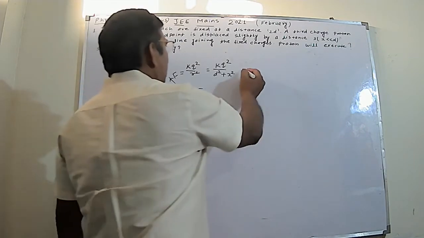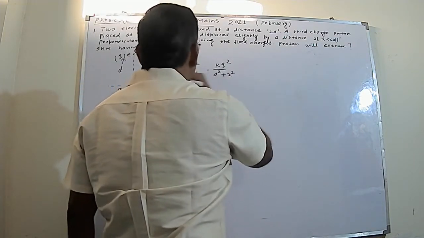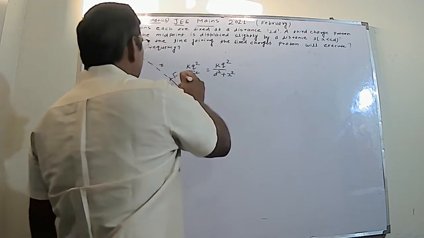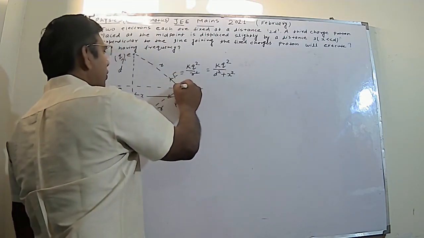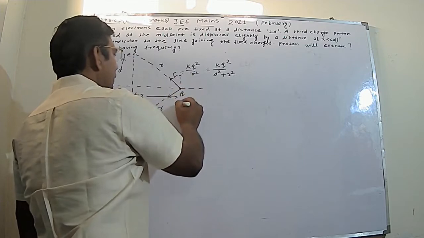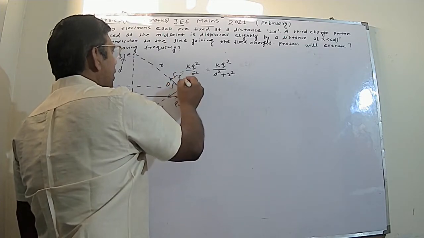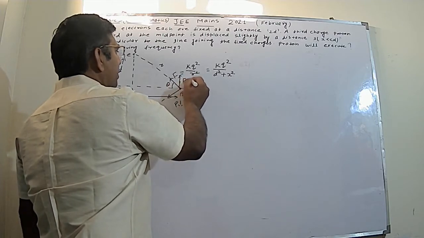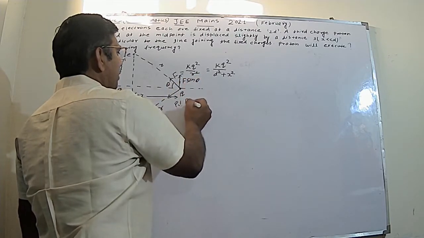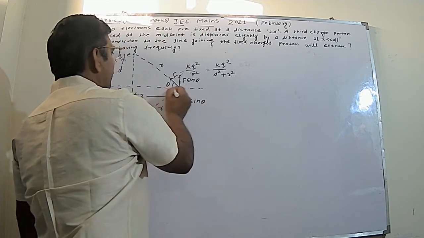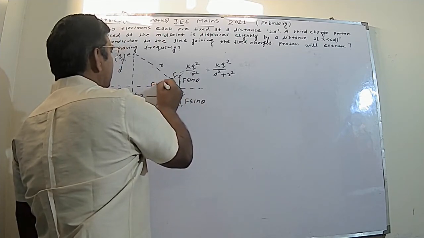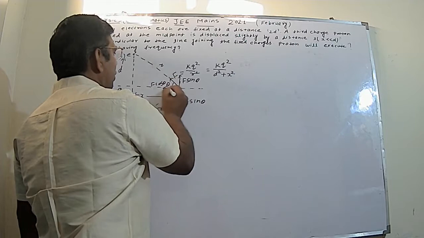Now it will have two components. One will be the vertical component. If this is theta, then it will be f sin theta. Here also f sin theta, and this one will be f cos theta, and this component also f cos theta.